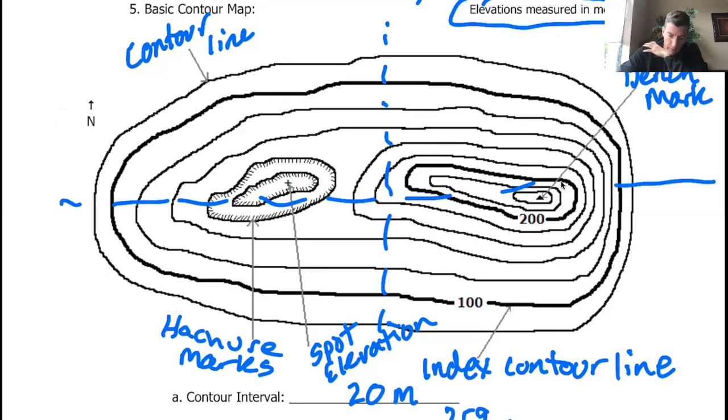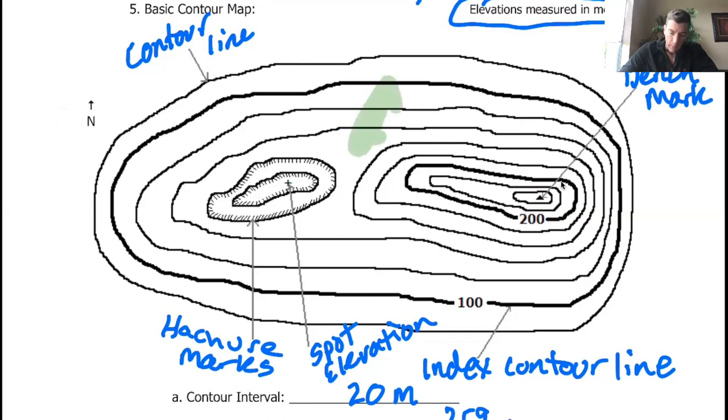Now, how do you figure that out? Well, you have to look at what contour lines really mean. Where does the elevation change the fastest? If I'm walking around in this general area, it's not really changing all that much as I walk like this.